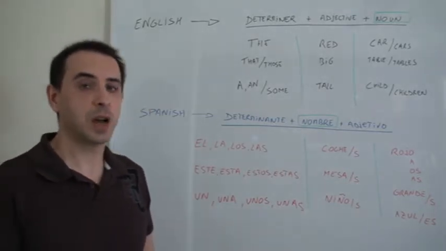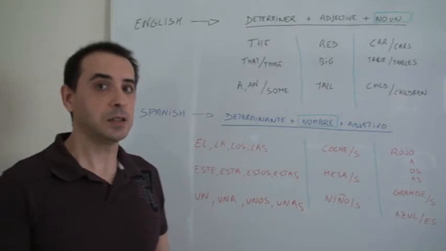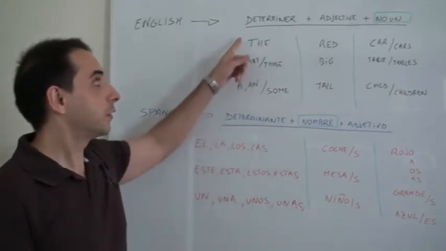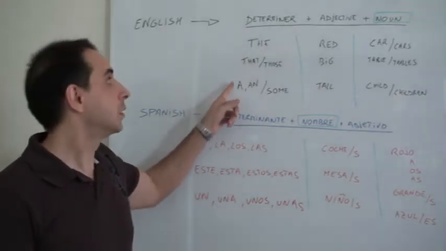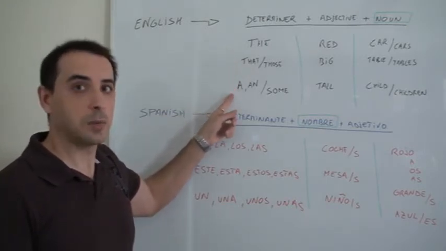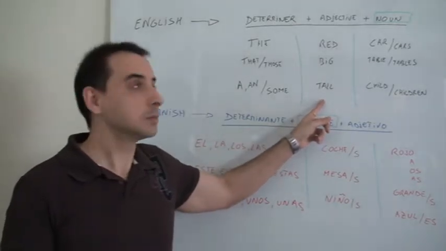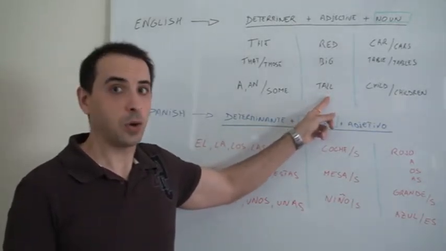First thing you have to remember is that in English you say first the determiner: the, that, those, some. Then the adjective: red, big, tall.